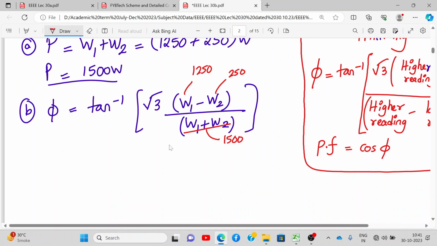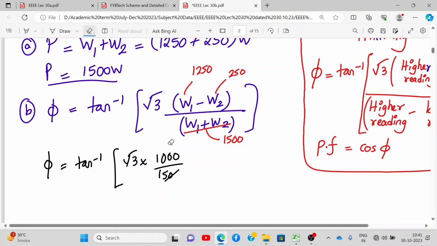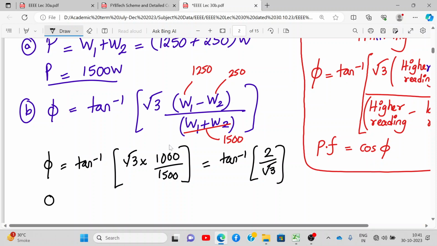Yes or no? So phi will be tan inverse of root 3 times (1250 minus 250 is 1000) over 1500. So you can cancel out two zeros. So this will actually be 2 by root 3. And tan inverse of 2 by root 3, if you do, you'll get phi as 49.1 degree.